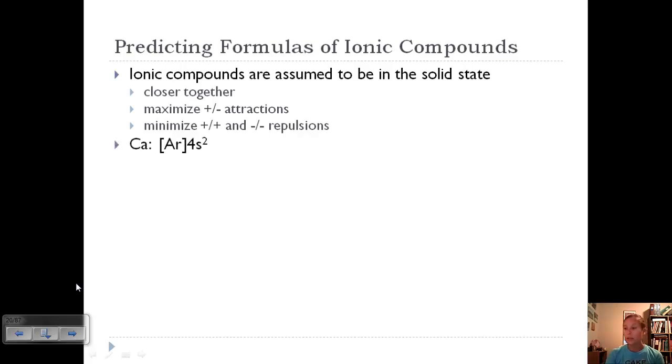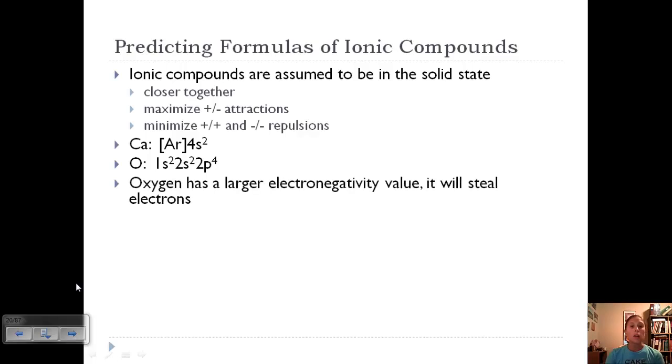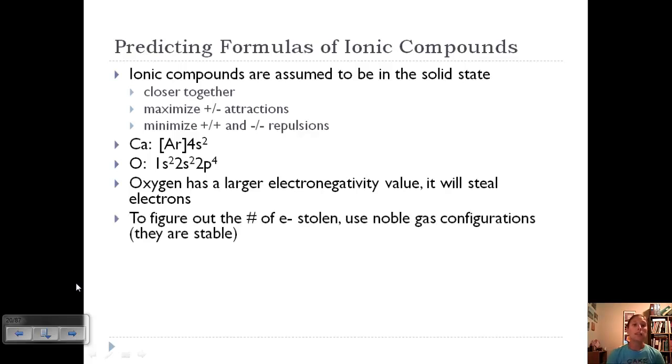For example, if we look at calcium, calcium's electron configuration is argon 4s2. Oxygen's electron configuration is 1s2, 2s2, 2p4. Oxygen has a larger electronegativity value, and this is also a metal and a nonmetal, so the nonmetal, oxygen, will steal the electrons from calcium, the metal.